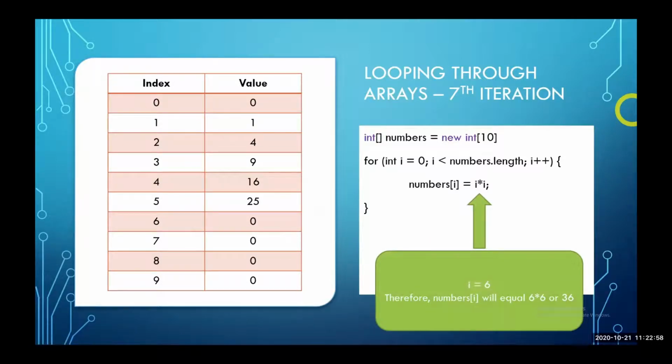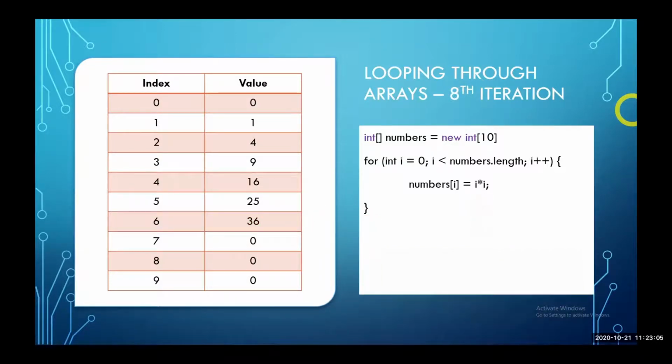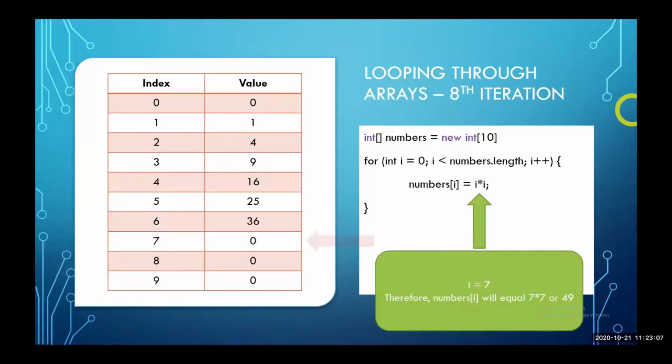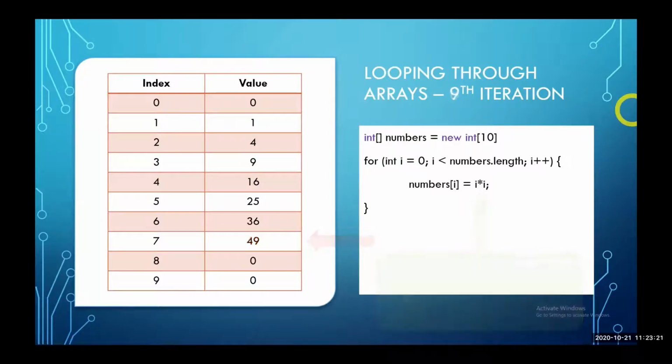Therefore, numbers at index 6 will equal 36. This process would keep going for each iteration. We're just multiplying i times i. We're setting numbers at index whatever equal to i times i. So whatever i equals will be our index, and then our value is i times i, which is pretty much i squared.